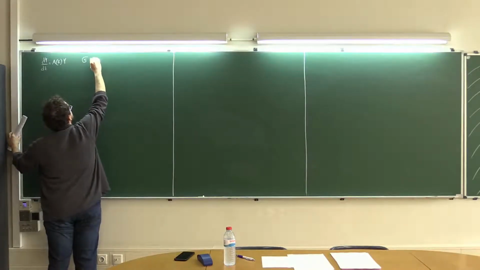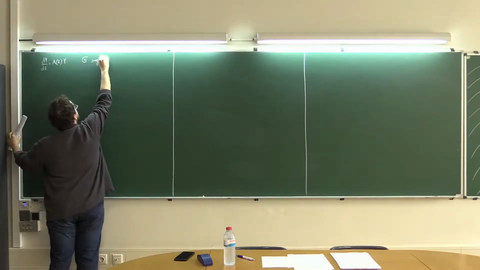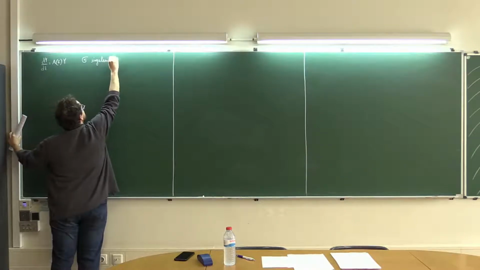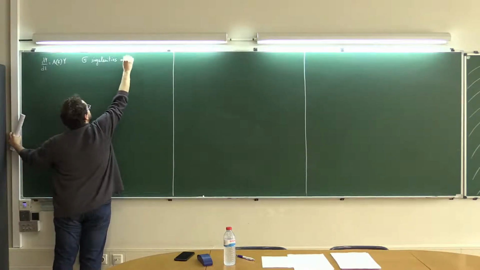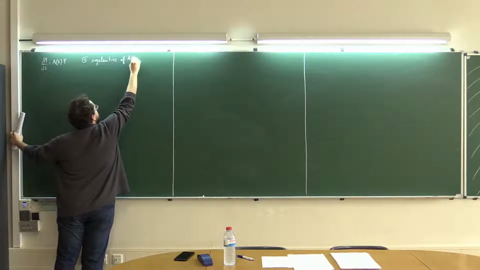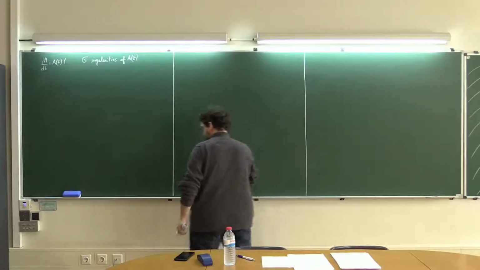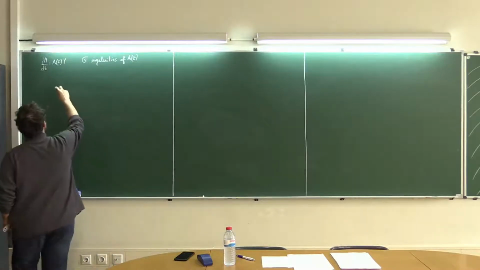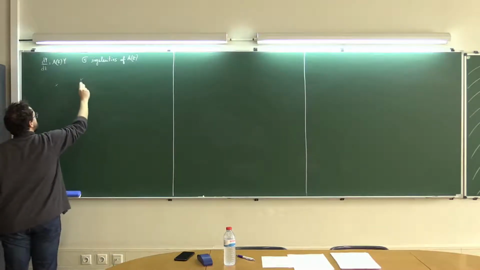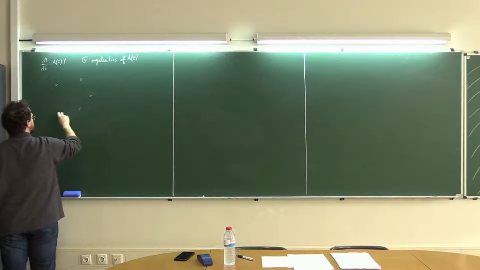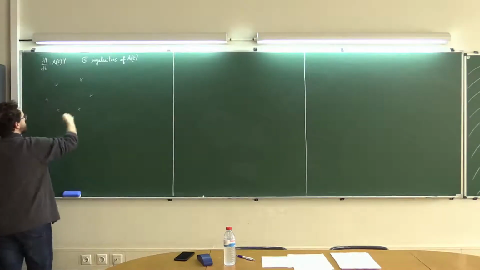This is the set of singularities of the coefficient, and we will have a bunch of singularities. These are points of sigma.